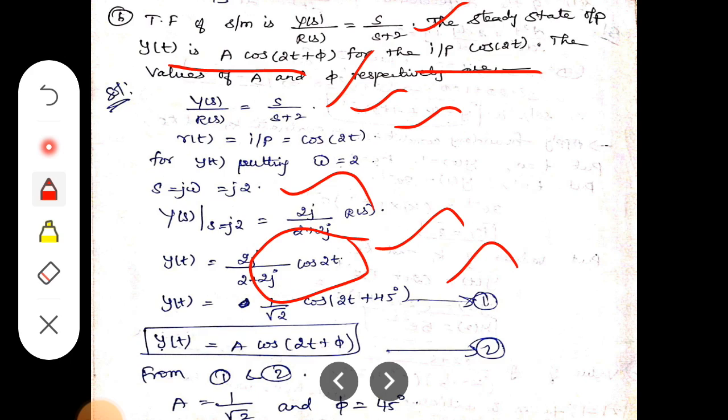This is equation 1. They already provided the output equation: y of t equal to A cos(2t plus phi). Comparing both equations, we get A equal to 1 by root 2 and phi equal to 45 degree. So this is the final answer.